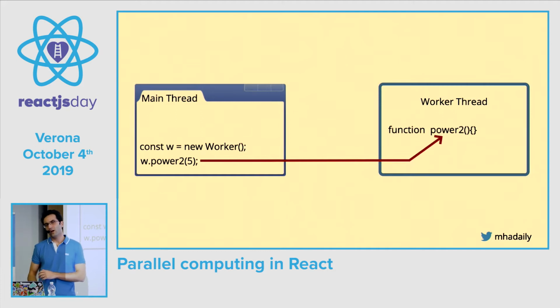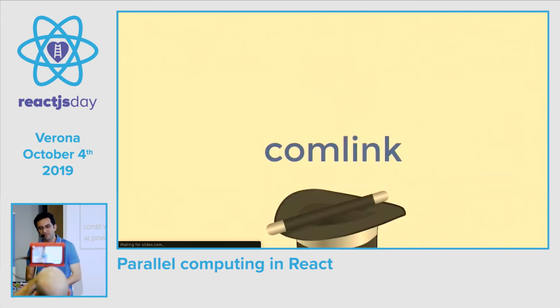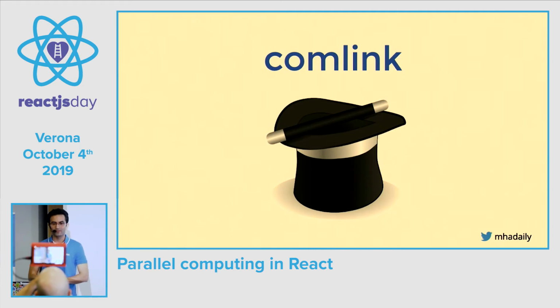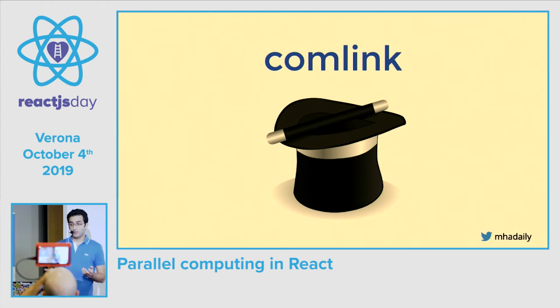Isn't it easier? Like I call the function and I get the result. What are these messages and those kinds of things? We can get rid of that. Isn't it better? Absolutely. In fact, there is a library for that, Comlink. It's been out for a while from Google developers, and it's an awesome tool, actually. It works like magic.